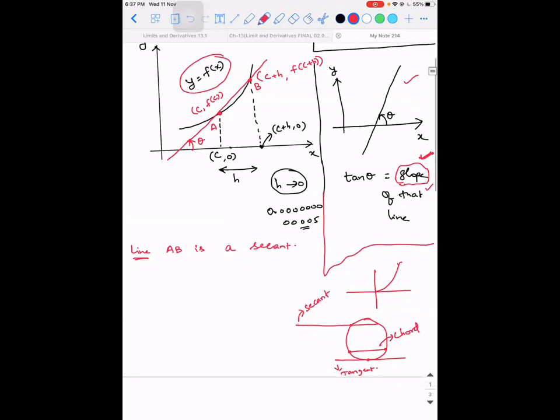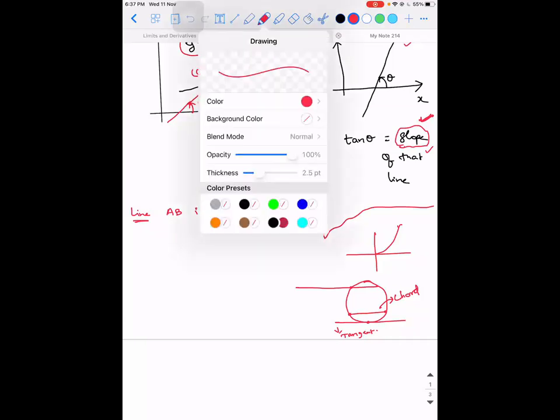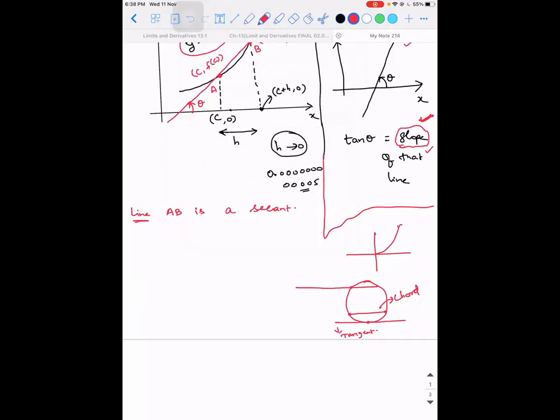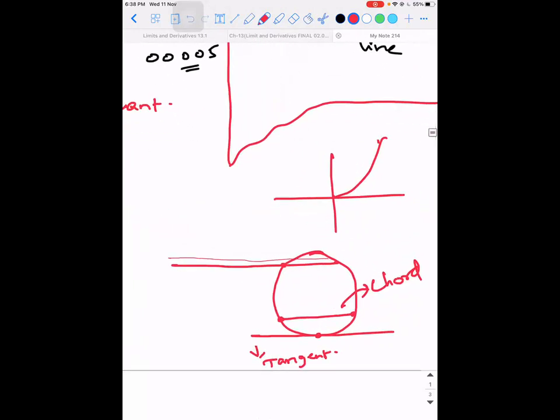Look at the way I'm going to draw. Now you have clarity on what a secant is. I'm reducing my pen size. See, I'm drawing a line like this. This is a secant. You're able to see it, right? Similarly, I'm drawing another line.